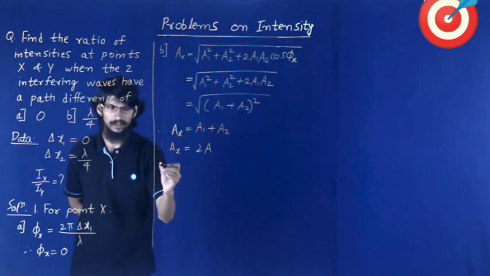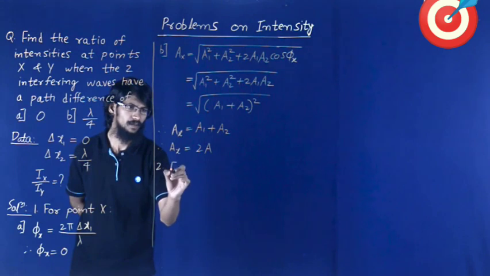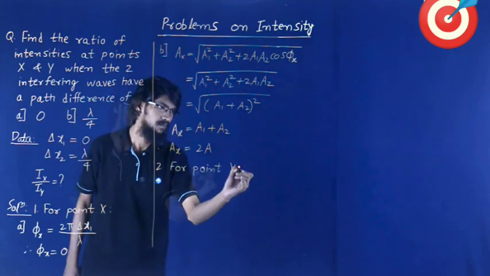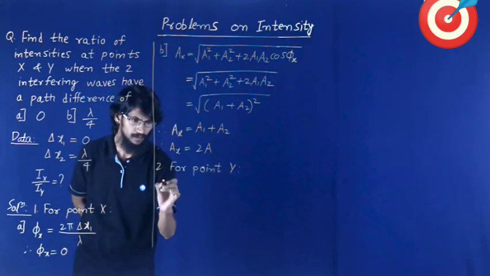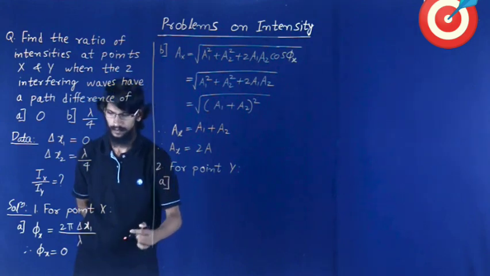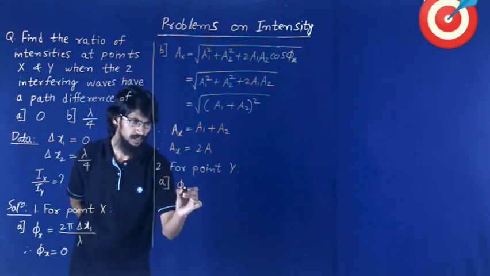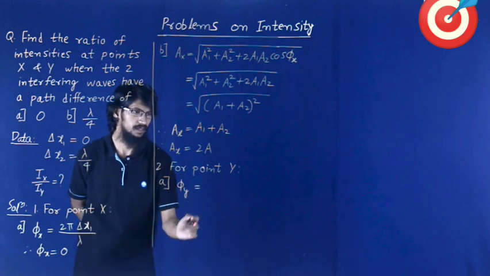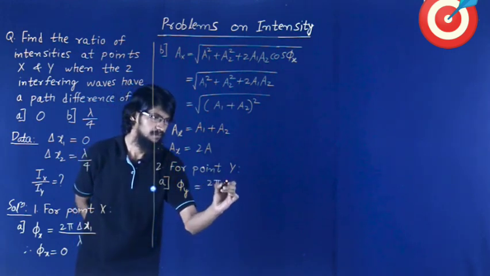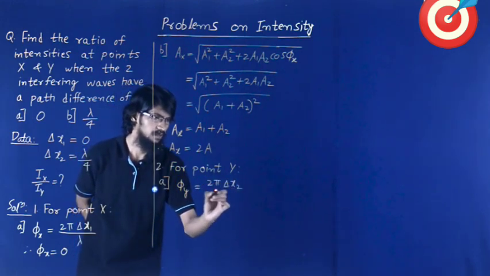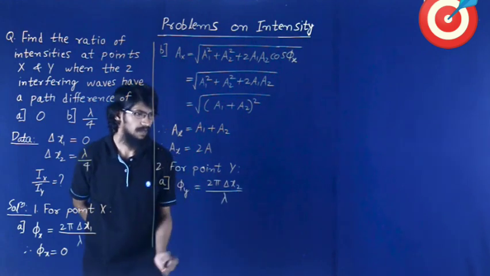Now let's go for point y. For point y, what can we write? Let's see. We can write phase difference at point y is equal to 2 pi delta x2, that is path difference at point y, divided by lambda.